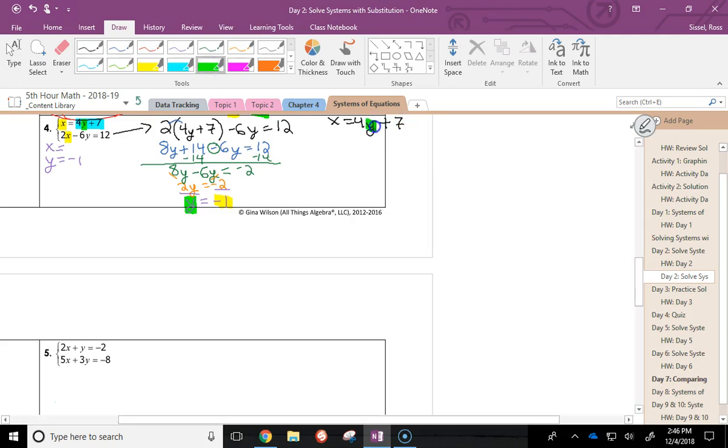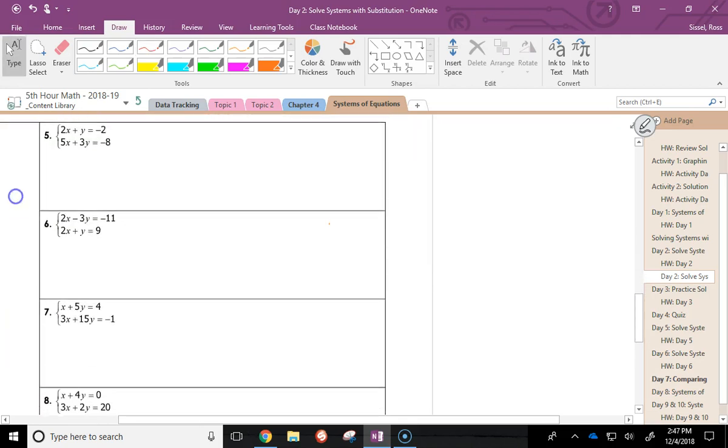And I'm going to substitute in, for this y, x equals 4 times negative 1 plus 7. x equals negative 4 plus 7. x equals 3. So I have 3, negative 1.